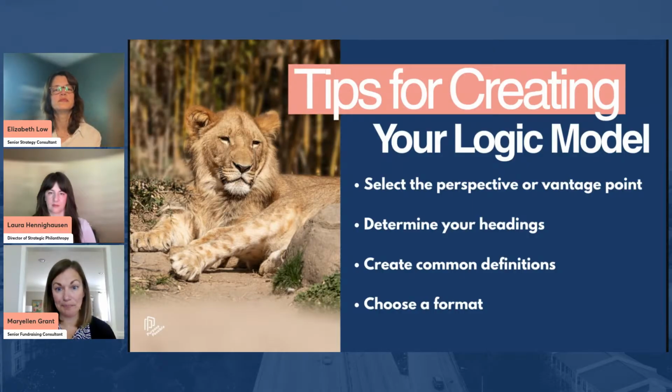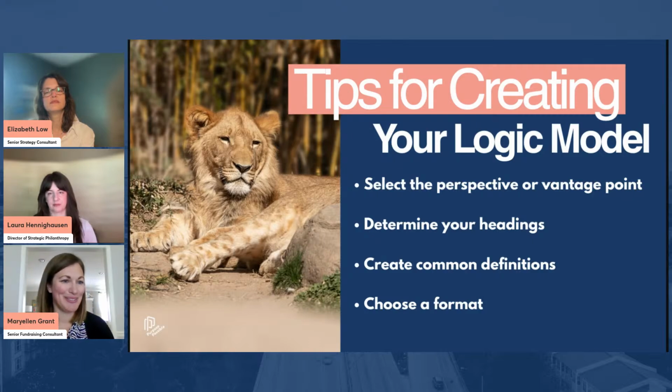And finally, I think it's a really nice thing to choose a format before you even get started. This is only relevant if you're able to choose and it's not prescribed by a funder. And you can always do this after the logic model has been created, but I really find that it helps to have a sense of how much space you're working with for word choice and the number of things you can include.